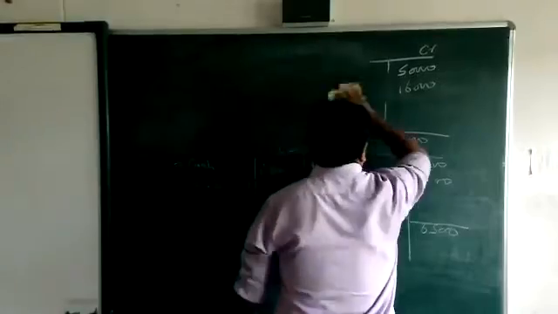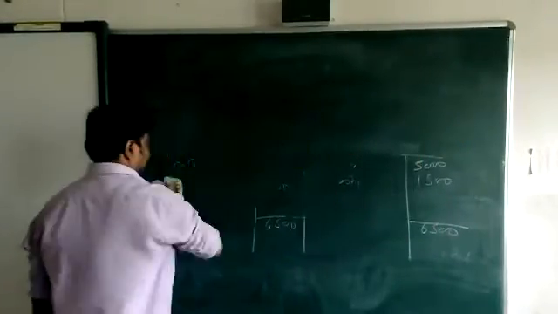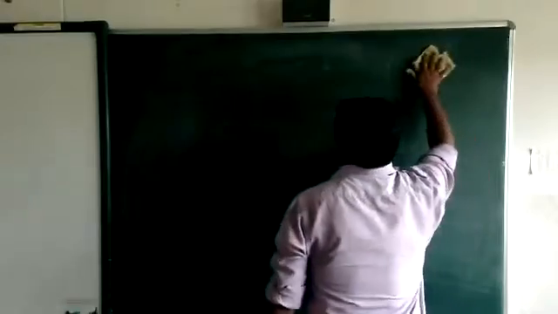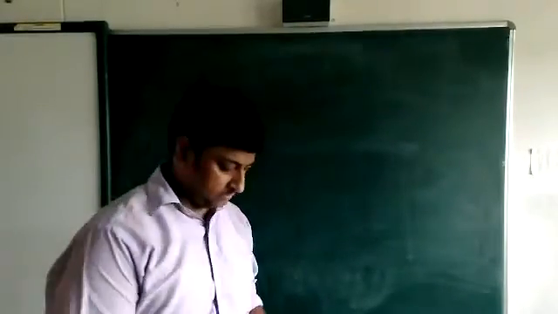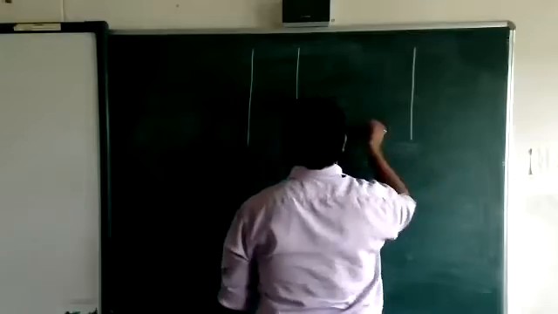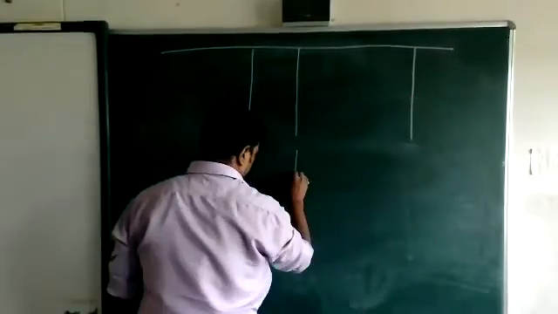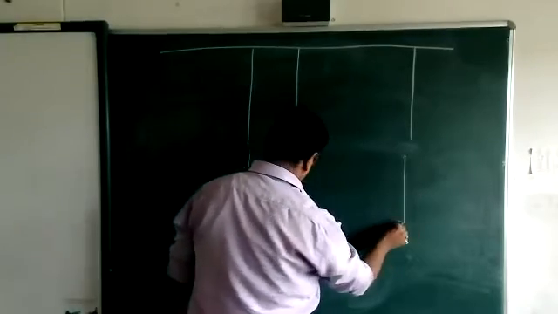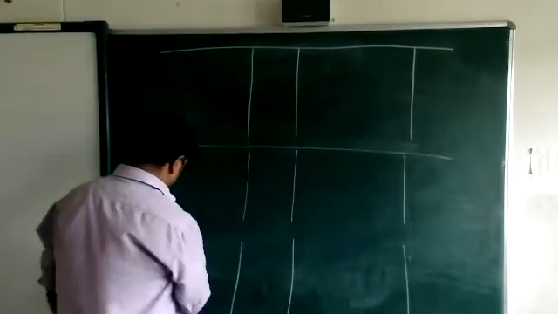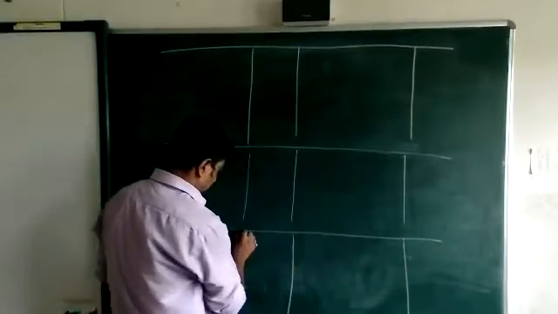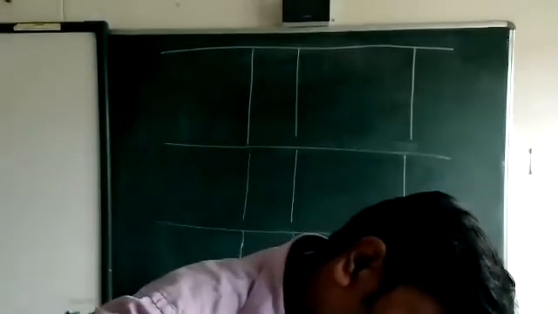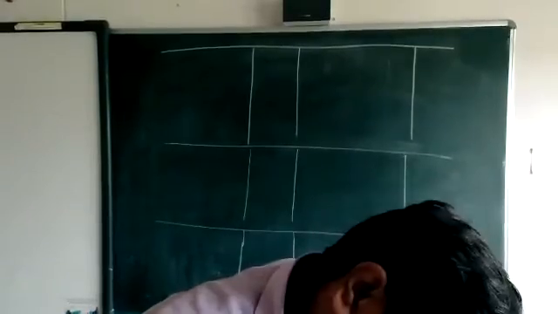Question. Make 3 accounts, because in the next question there are 3 T-shape accounts. In the next question they are saying to prepare the cash account, debtor account and creditor account. 3 accounts, beta.